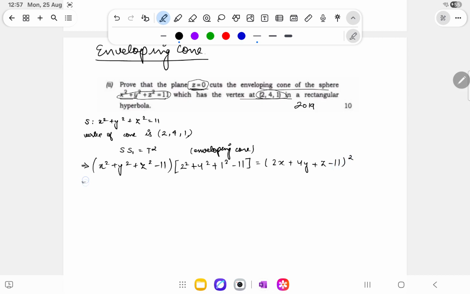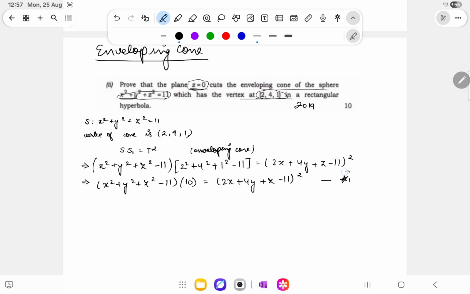If we simplify it, we get (x square plus y square plus z square minus 11) into (4 plus 16 plus 1 minus 11), which is basically 10, equals (2x plus 4y plus z minus 11) whole square.